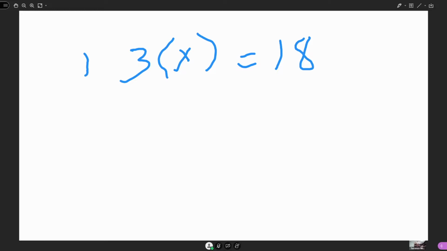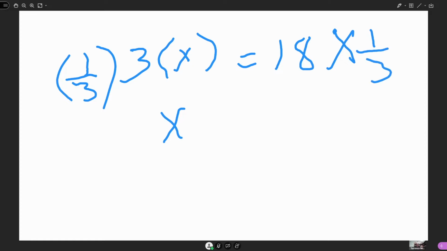So if we multiply this side by the reciprocal, which is 1/3, we get x by itself. The reciprocal is also the inverse. But whatever we do to the left, we have to do to the right. So what we're doing is going to this. And that, of course, gives us 6.